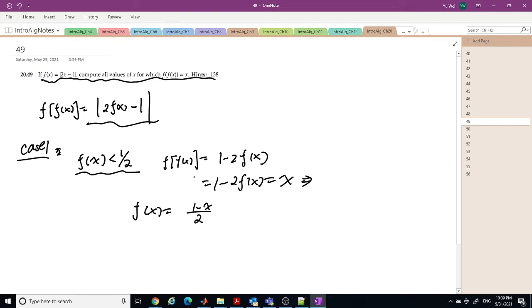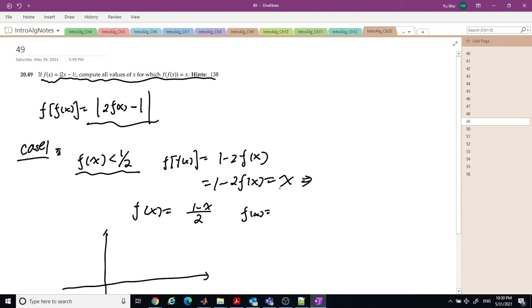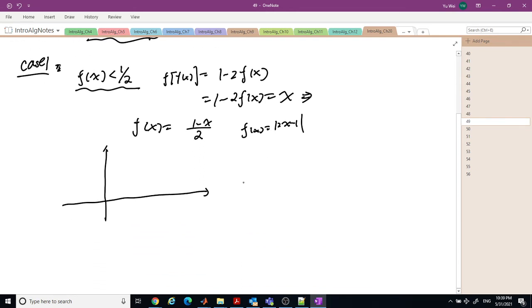Okay, so f(x) is equal to 1 minus x over 2, right? And also f(x) equals 2x minus 1, right? Let's draw the 2x minus 1.